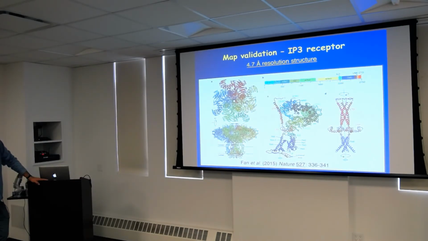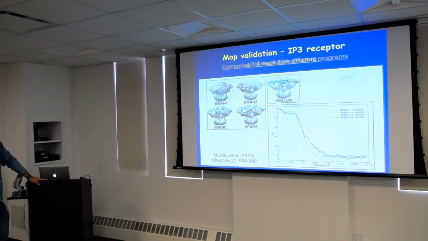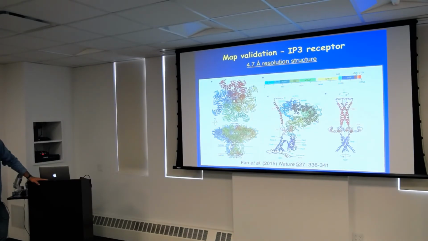And then the final test, the final success was really when the structure came out at much higher resolution, 4.7 angstrom, and that was very similar to the density map that they had at the time. So that was really, at the time, the proof that the structure was roughly correct, and much higher resolution structures would come out soon. And so that's it.